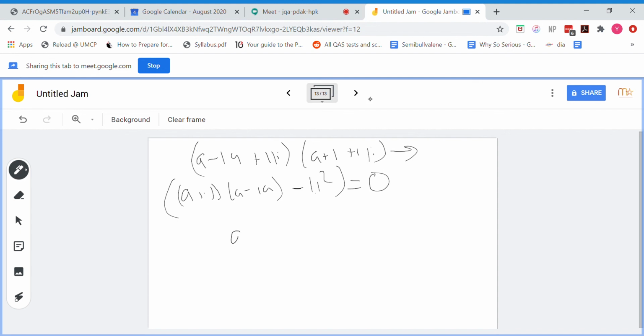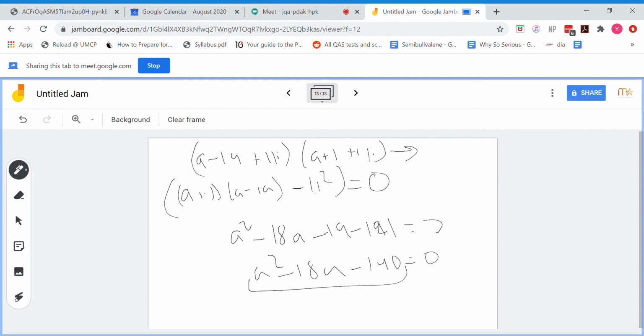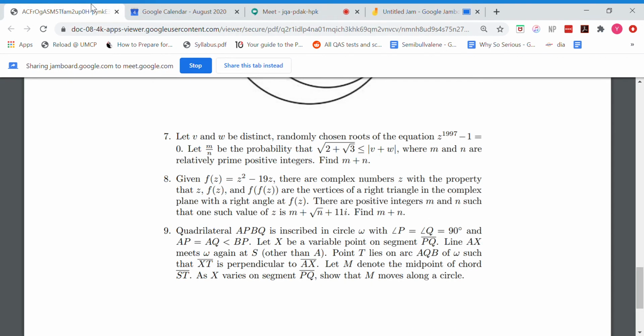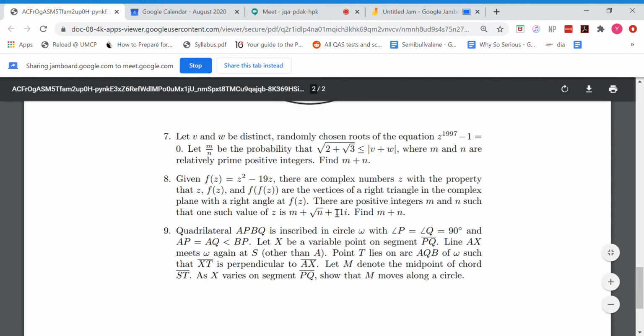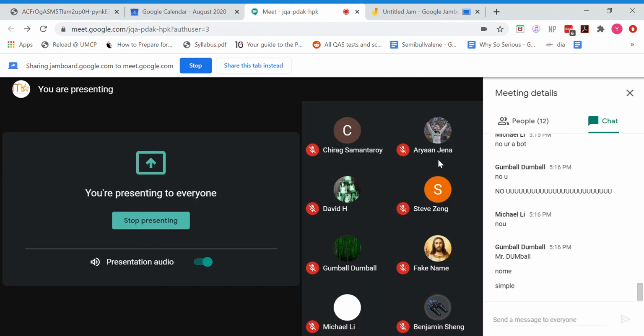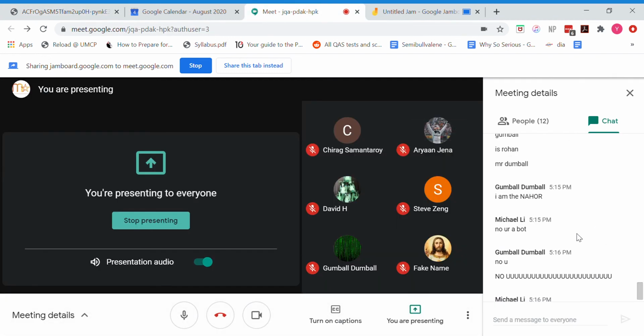And so we get a squared minus 18a minus 19 minus 121 equals 0, so a squared minus 18a minus 140 equals 0. And this is a simple quadratic that we can solve to get the answer that we need. Alright, so any questions?